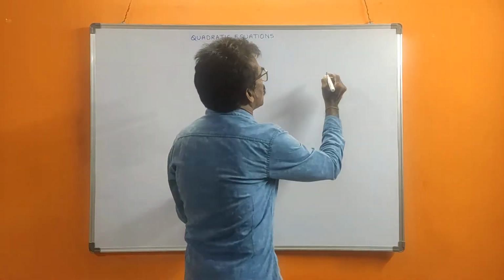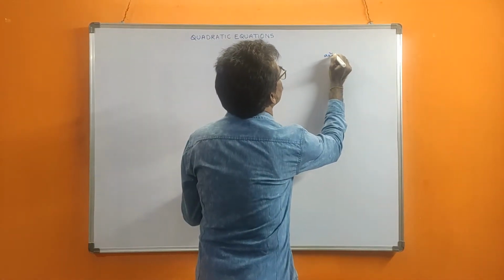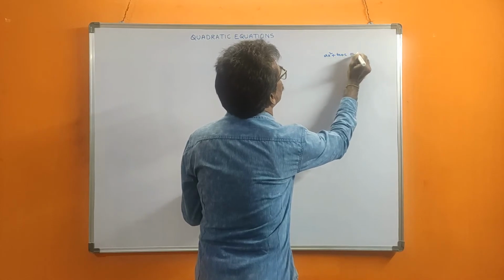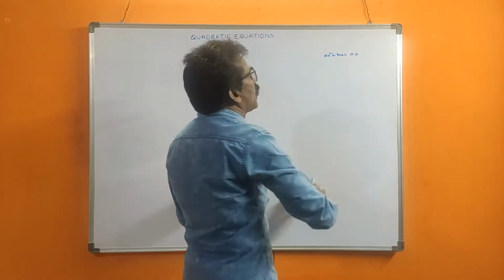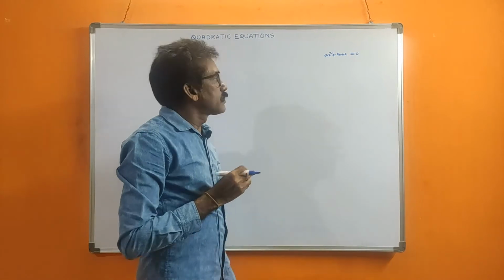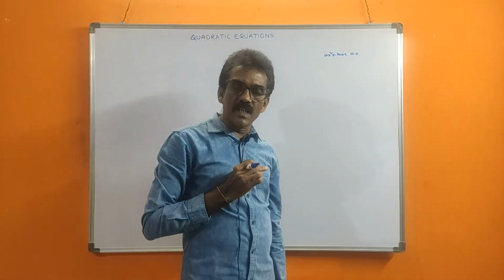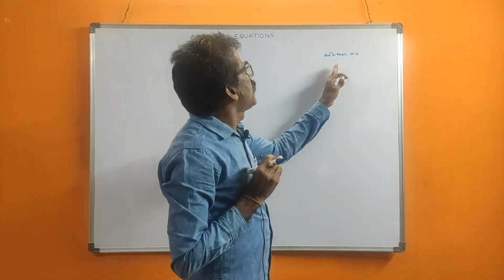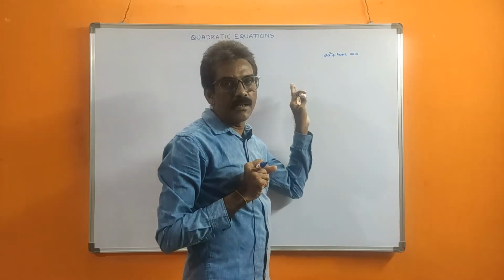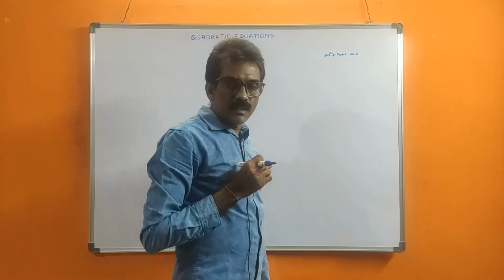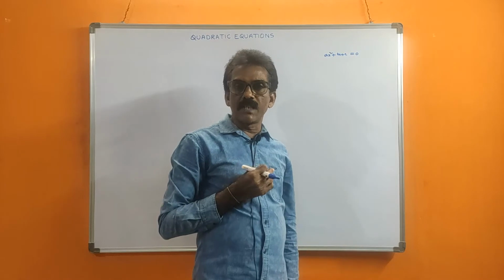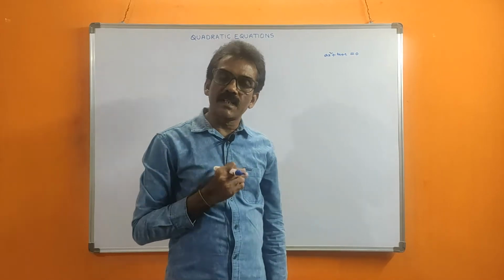Generally the general form I told is ax square plus bx plus c is equal to 0. To find the roots, some methods are there. First method is the factorization method. The next method is adjusting the right hand side to make the left hand side a perfect square. And the third method is a direct formula for the x value.